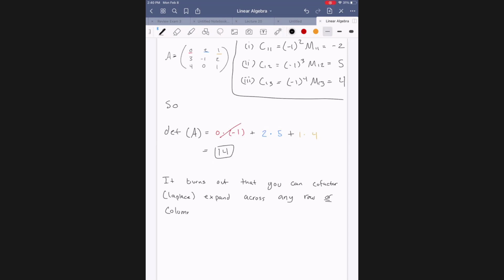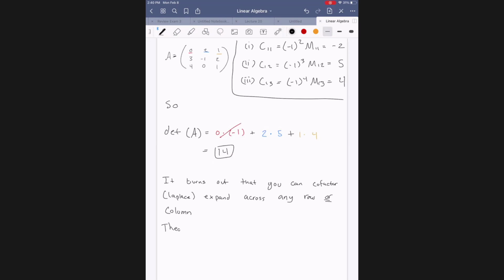So it isn't just restricted to expanding across the first row. You can do it along any row or any column. And how do you choose which row or column? Well, you want to choose the one that has the most zeros, because you'll start getting cancellations from the 0.